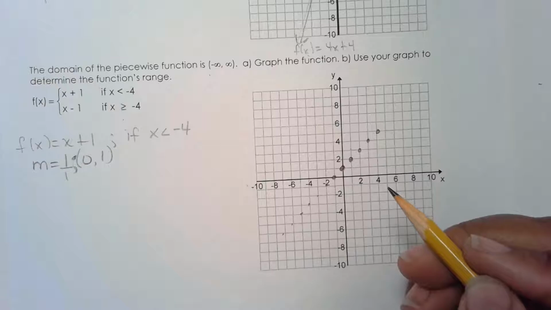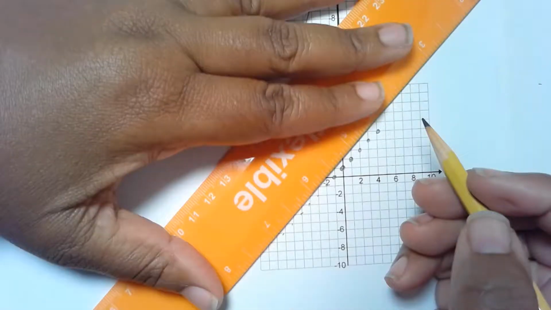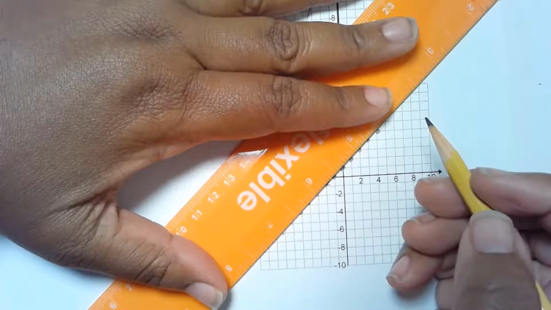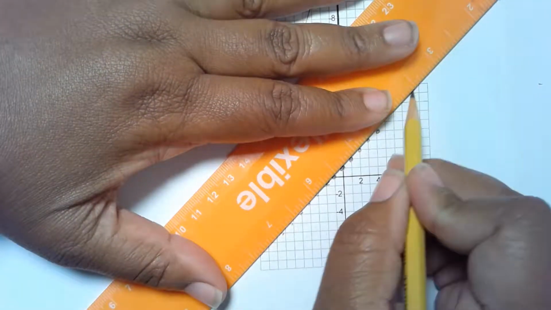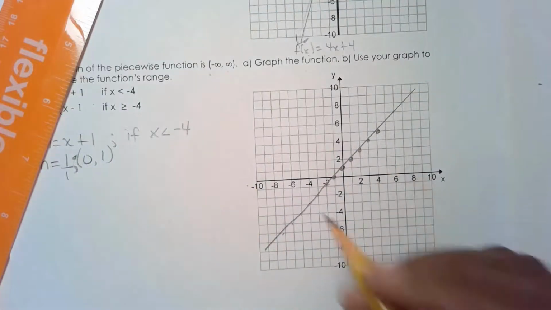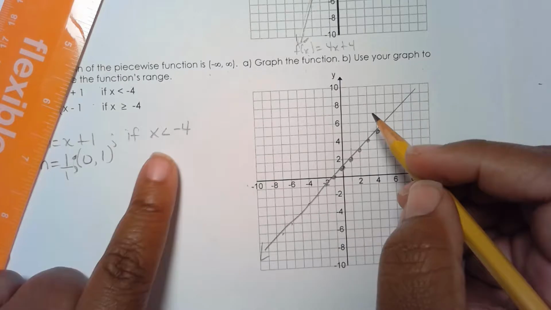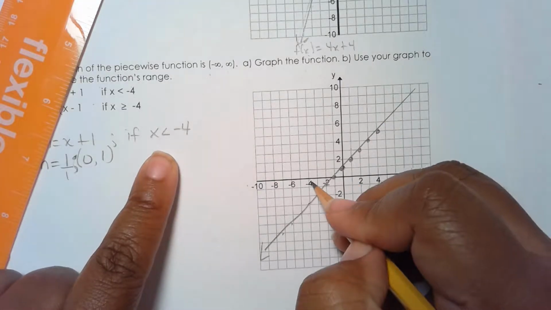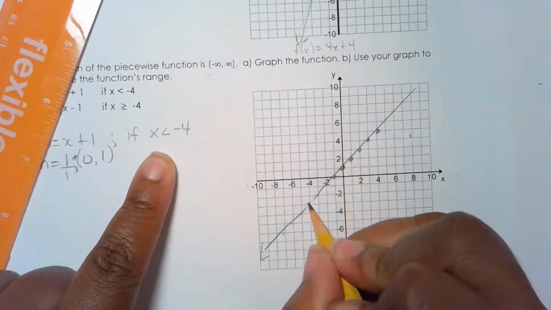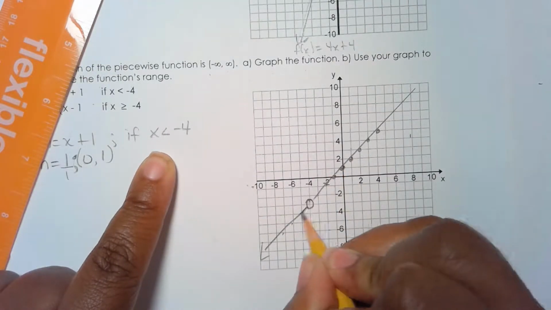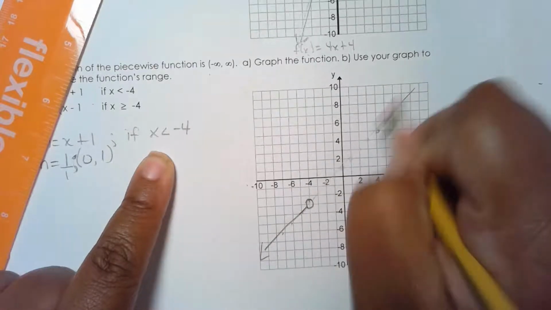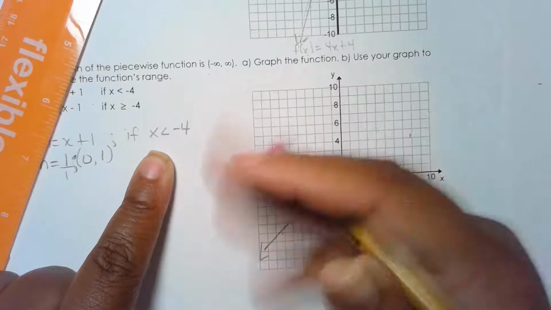Okay, so when I connect, just want you to see what the line looks like. But it says at negative 4, we're looking at all values to the left. So at negative 4, we have an open circle because that means negative 4 is not included. But then anything to the right of negative 4, we're going to erase.